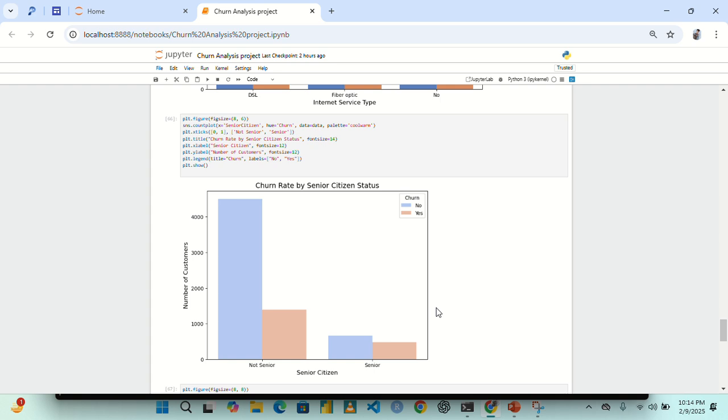So the people who are not senior have the highest amount of churn, and the people who are senior have less amount of churn.